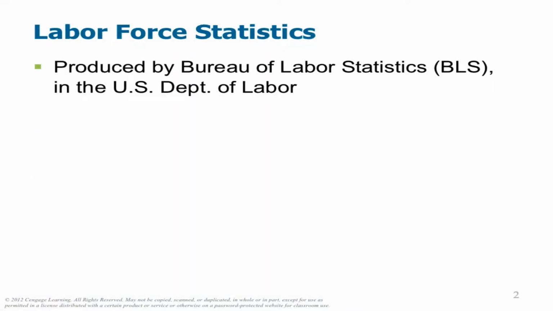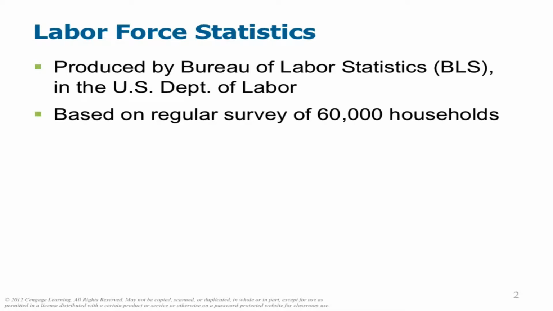Okay, BLS, the Bureau of Labor Statistics, produces all of the data that we use to assess unemployment. Unemployment is another indicator of the health of an economy. The Bureau of Labor Statistics regularly surveys 60,000 households. That's a fair number.